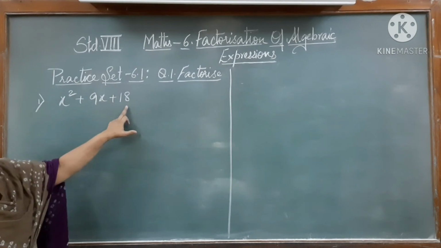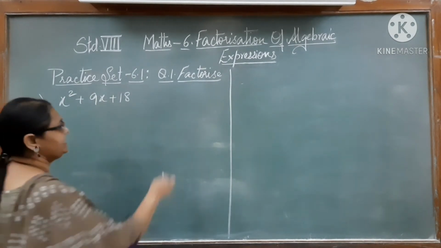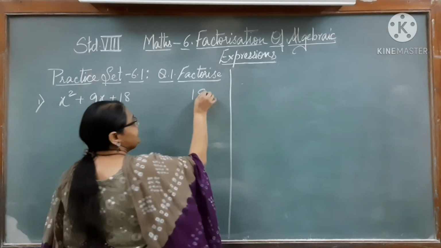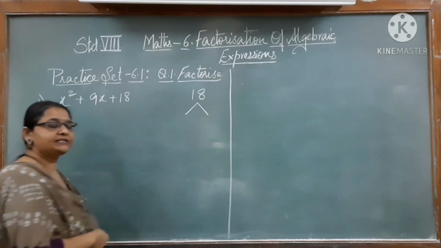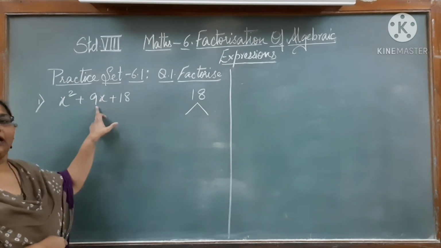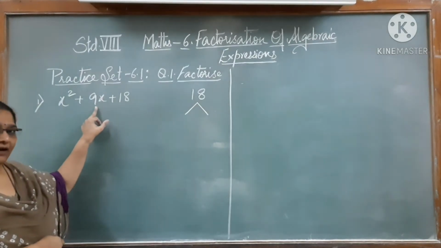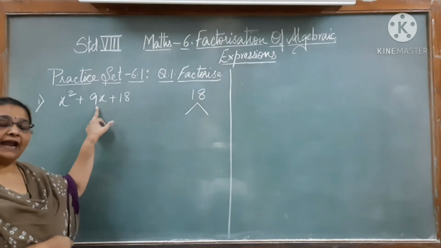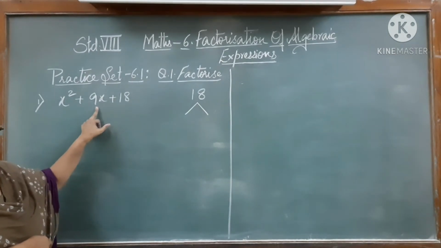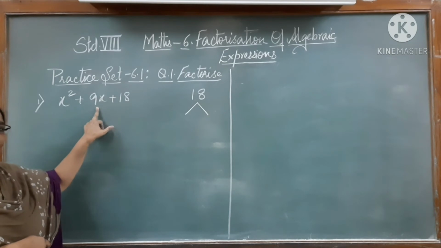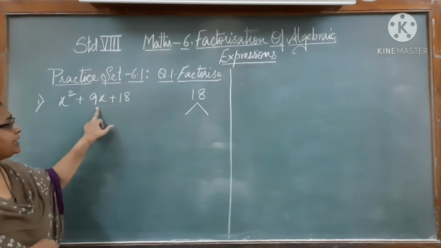We are going to find the factors of 18. I need to find two factors that will be plus 9 when added up. So let me see which two factors, when added, become plus 9.